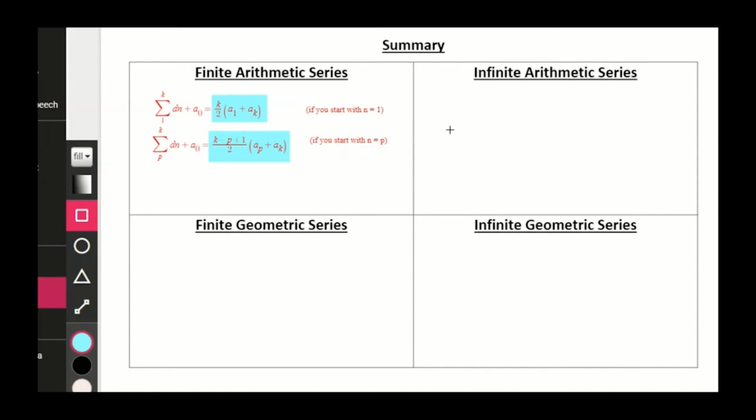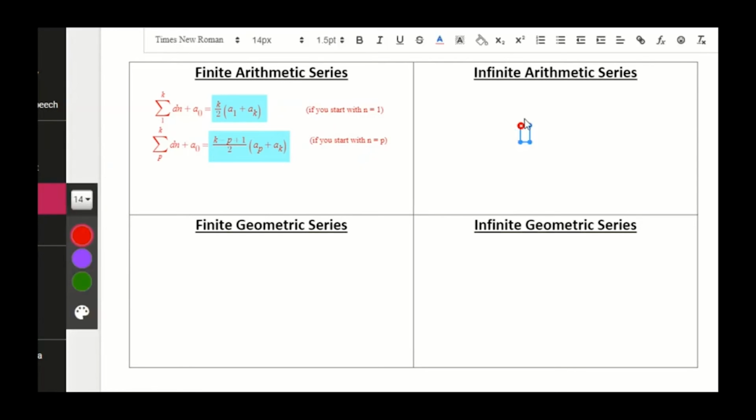All right, for an infinite arithmetic series, there is no sum. For a finite geometric series, okay, they will have a sum, but there's no shortcuts. You just have to add them up. Okay, so unfortunately, that's kind of annoying, but it is what it is.